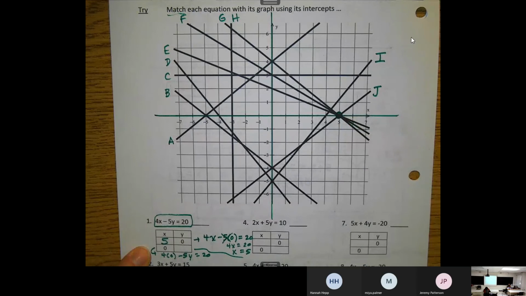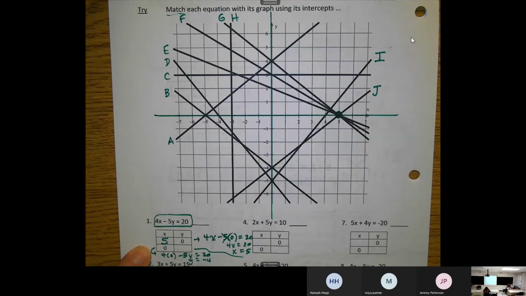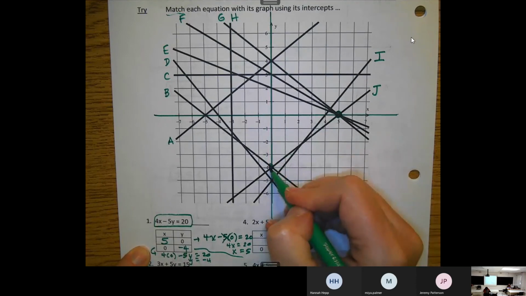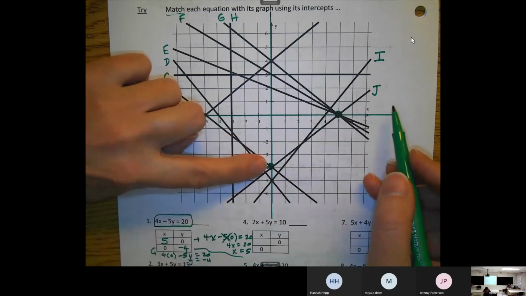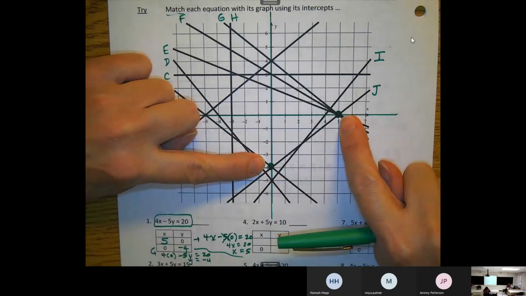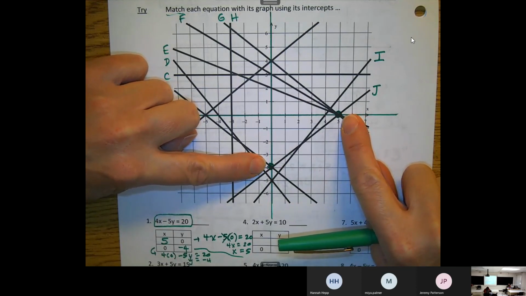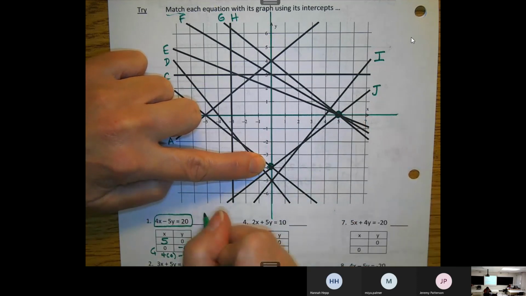Better figure the y-intercept. 0, y. Looks like it's at -4. So we want to know which line goes through the x-axis at 5 and the y-axis at -4. J. Good deal.